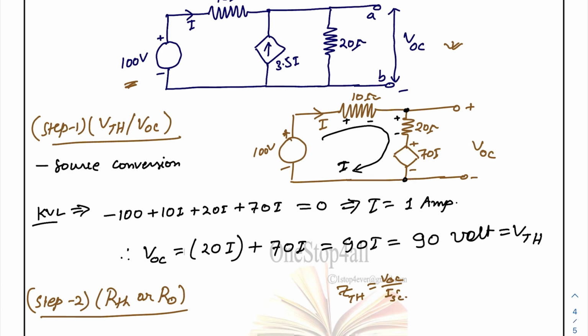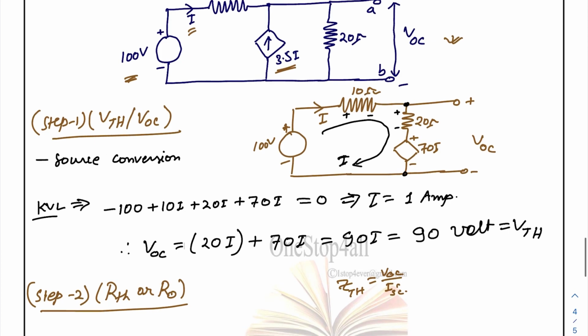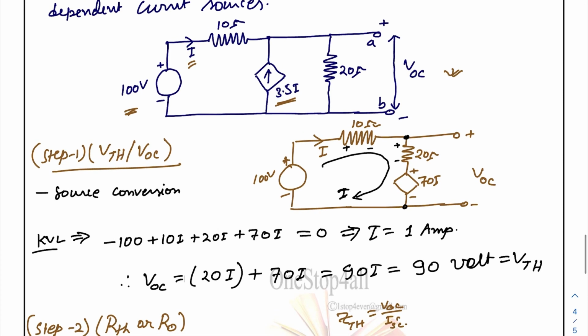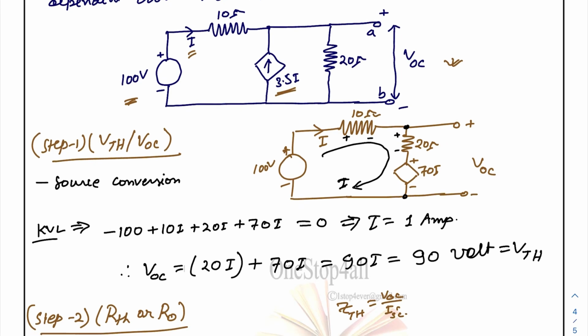If I is 0, then that means 3.5 I, that is the current source, will also be 0. So this is not our desired condition to solve a circuit for a Thevenin impedance.